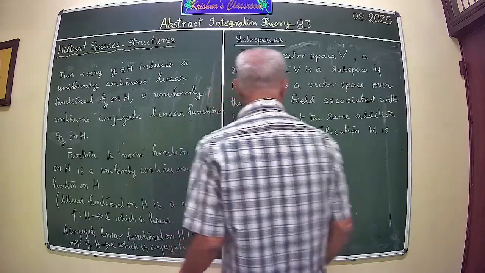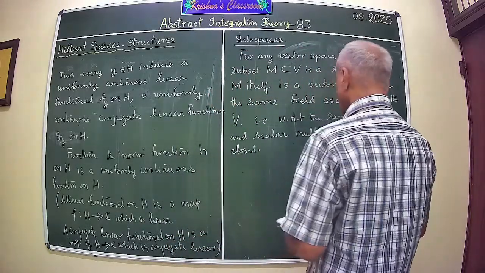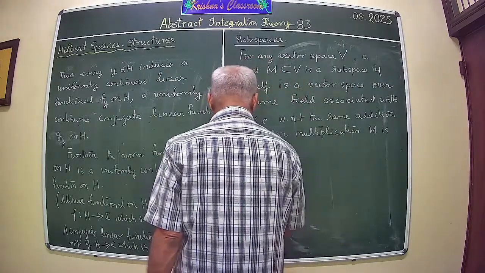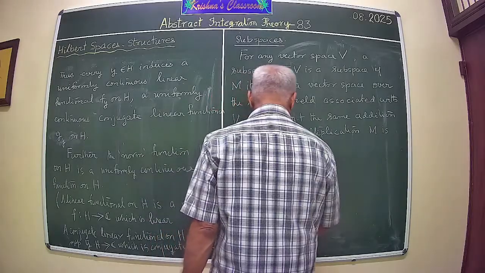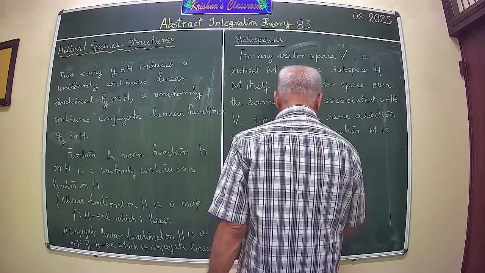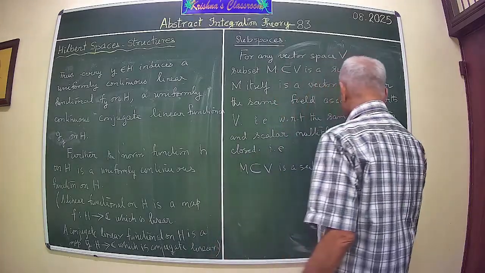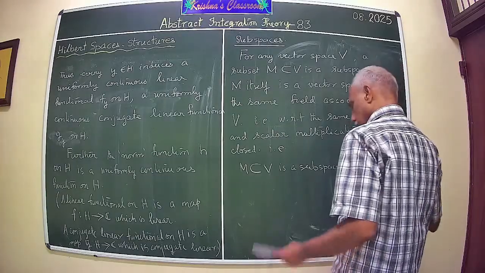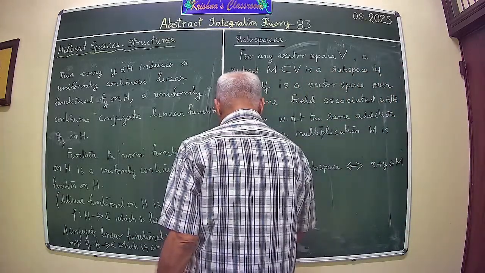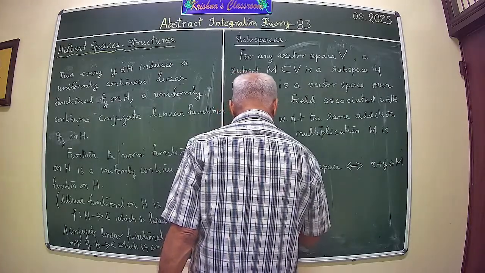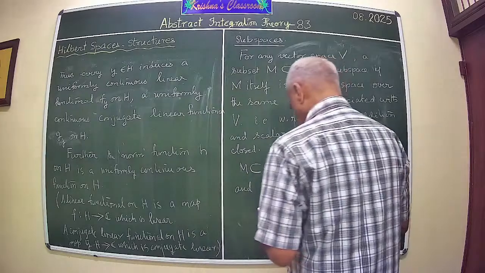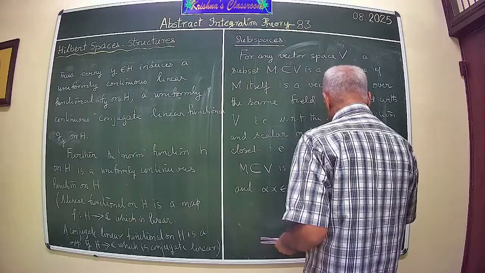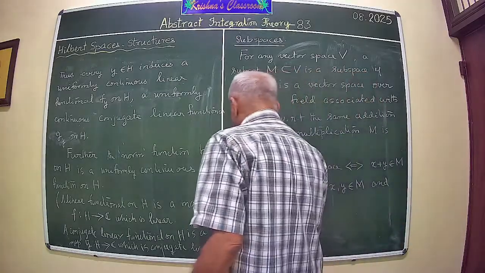M is closed, that is, alpha x belongs to M for every x in M and alpha belonging to the associated field.